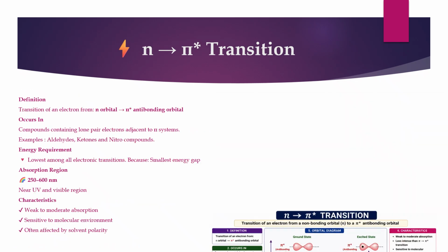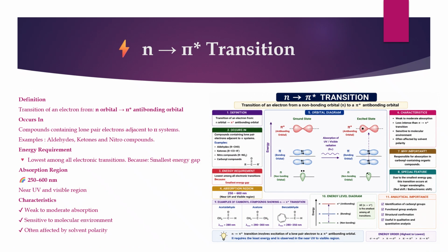Now, let us move to the final type of electronic transition, which is the n to pi star transition. As shown in this image, this transition commonly occurs in carbonyl containing compounds such as aldehydes and ketones. The oxygen atom contains lone pair electrons, which occupy non-bonding orbitals. When the molecule absorbs radiation, one of these electrons gains energy and moves to the pi antibonding orbital, or pi star orbital.